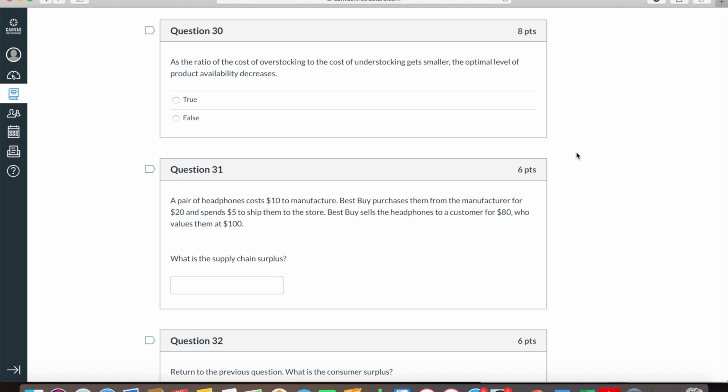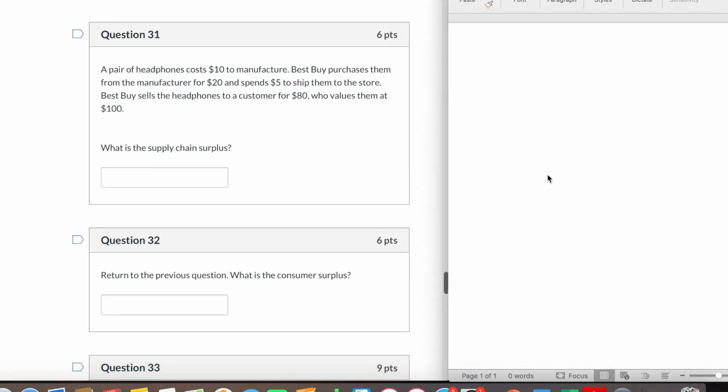You should get a more realistic demand. So therefore, the product availability should be high because you're getting the perfect amount. You're not getting too much. You're not getting too little. So this is true.